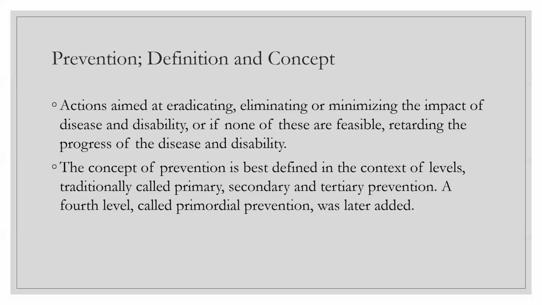Some of us, when we were younger and learning, were taught stages of prevention. But in public health and epidemiology, we prefer to look at it as levels. But there is some correlation between stages and levels of prevention, and we will see that as we go along. So we are going to be discussing levels of prevention.